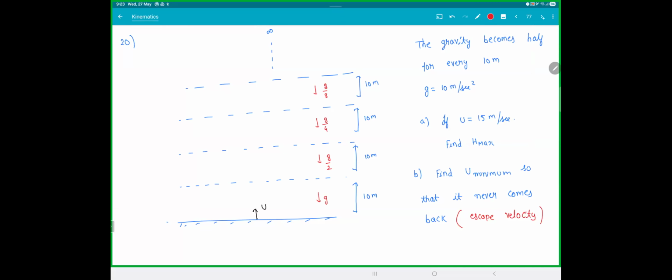Let's get the first one. Any answers? You can play around with the question, like find the minimum speed required to reach a height of 80 meters.